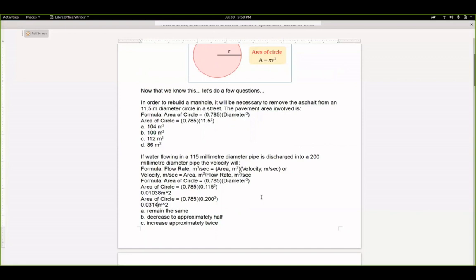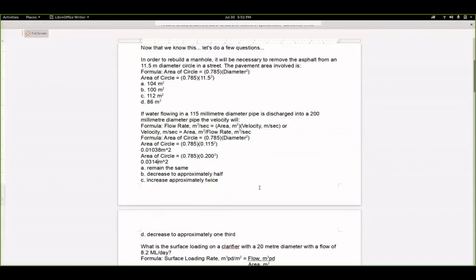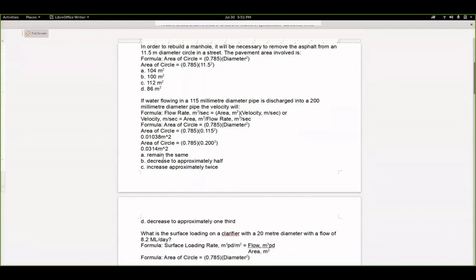So it's going from an area that is smaller to an area that's larger. So that means that the velocity is going to slow down because there's more space for the same amount of water. So we know it's either going to decrease to approximately half or it's going to decrease to approximately 1/3.